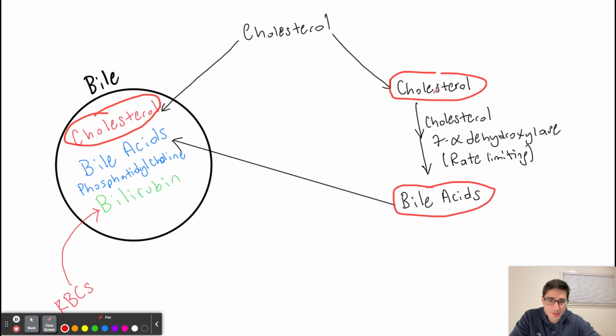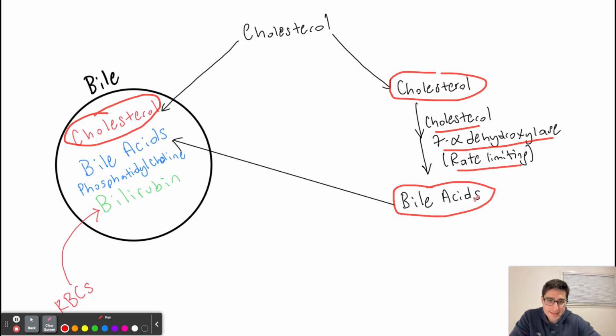Now, this can happen through a series of reactions, and the first enzyme that we're going to use in this series of reactions is going to be cholesterol 7 alpha hydroxylase, and this is going to be the rate limiting enzyme. So, this is what is most high yield to know.